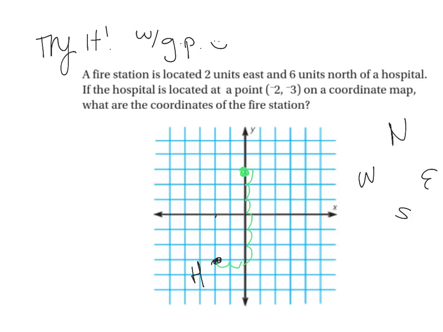It would be, because it's on the y-axis, 0 and positive 3, (0, 3) is the coordinates for the fire station. All right, boys and girls. Wait, let me double check that. Hold on. Yeah, I just double checked that. Sorry, I got a little confused. I thought I did it backwards, but I'm pretty sure I did it right.